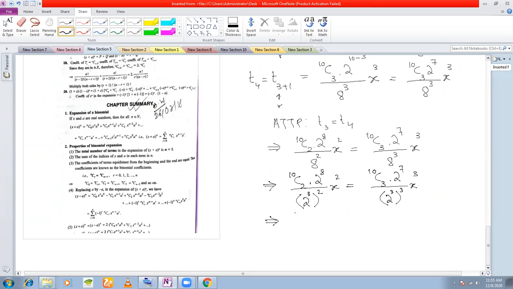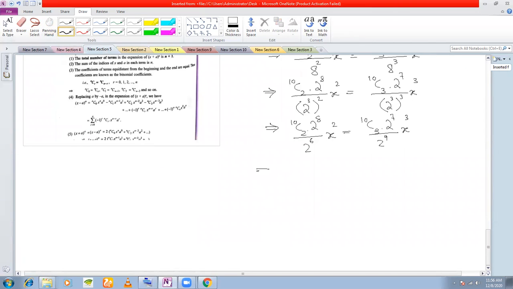Let us simplify this first. 10C2 into 2 to the power of 8 divided by 2 to the power of 6 x square is equal to 10C3 into 2 to the power of 7 divided by 2 to the power of 9 x cube. Next, by the laws of indices, 10C2 into 2 to the power of 8 minus 6 x square is equal to 10C3 into 2 to the power of 7 minus 9 x cube.